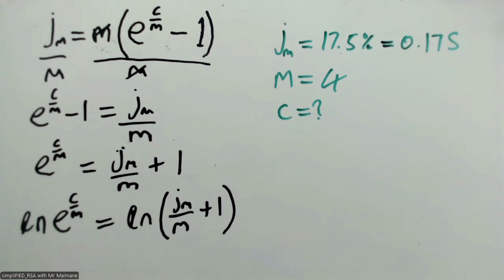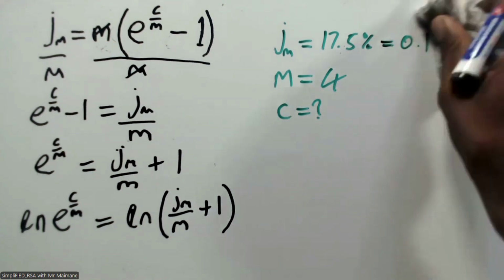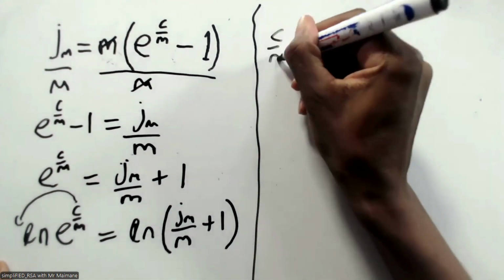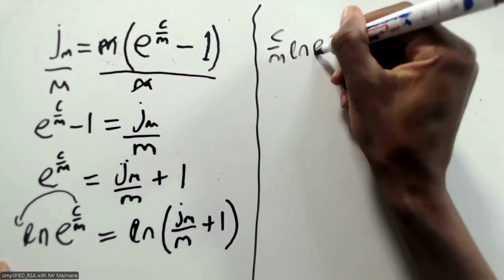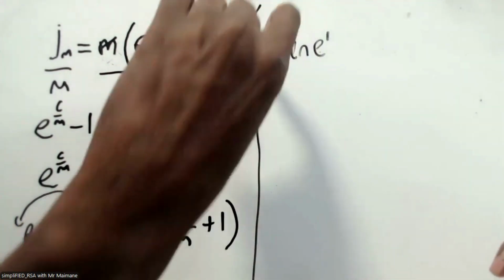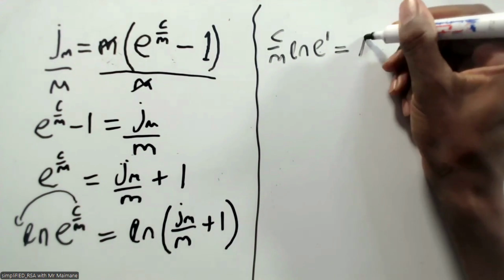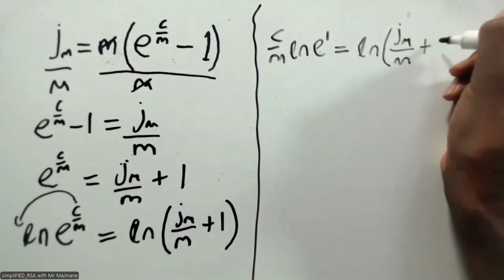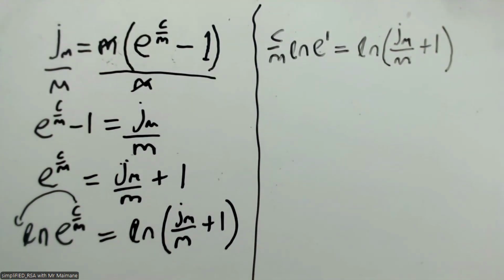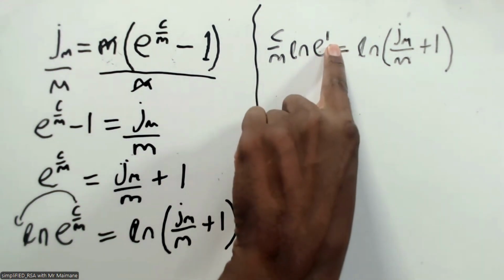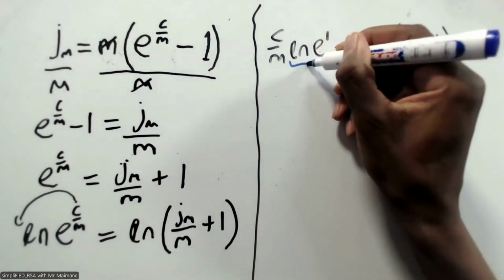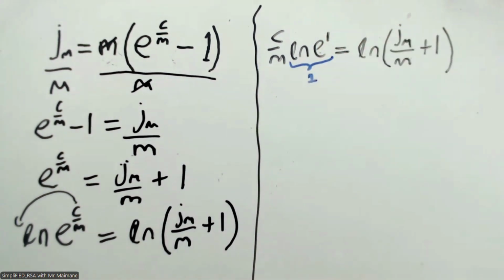Now I take the c over m to the front, so I have (c/m) ln of e, and there's only 1 left here because I took it to the other side. This equals ln of (J_m over m plus 1). Now ln of e to the 1 is just 1, and even if you punch it on your calculator, you'll find it is equivalent to 1.